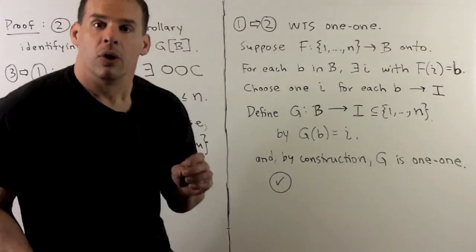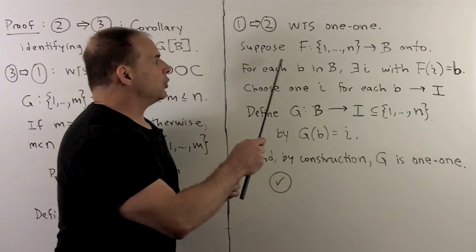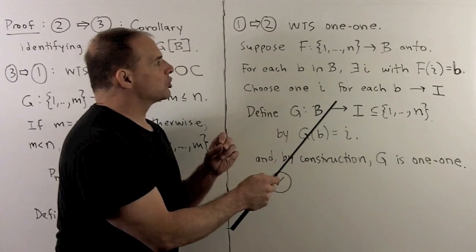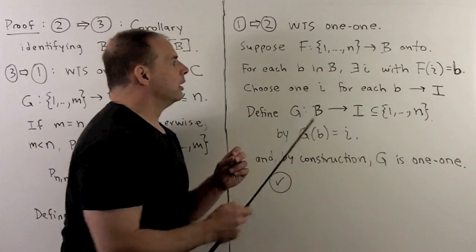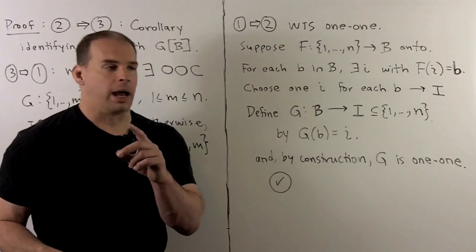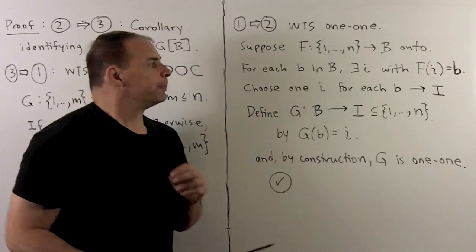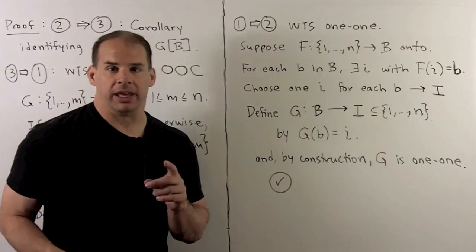Finally, for 1 implies 2, we're assuming that we have our onto map from 1 through n to B. We're going to show that I can construct a 1-to-1 map from B into 1 through n. Now, because we have an onto map, for each b in B, I can find an i in 1 through n such that f of i is equal to b.